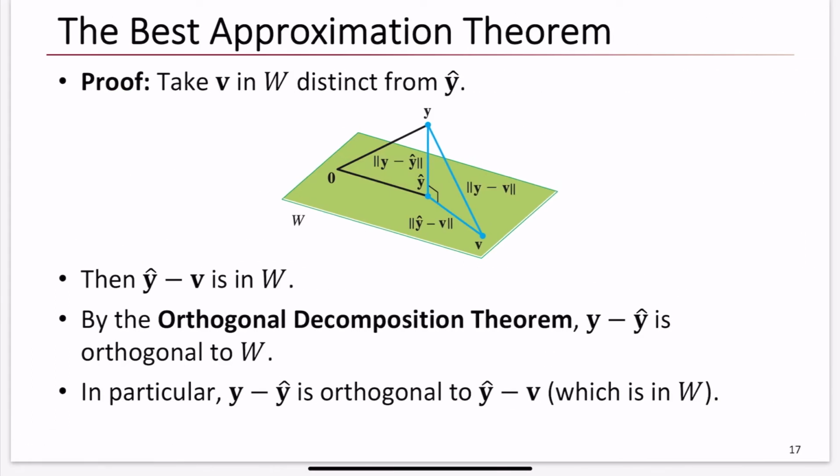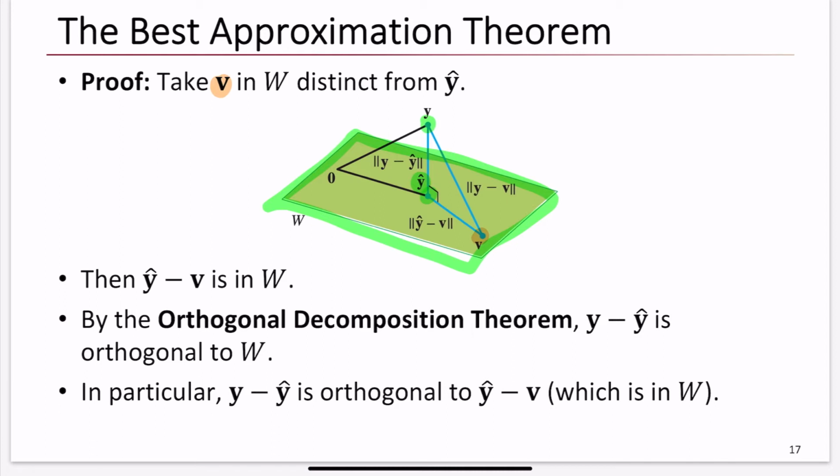First of all, here is the subspace W, here is the vector y, and here is the projection of vector y onto W. Let's say this is y hat, and let's take an arbitrary vector v in W distinct from y hat.